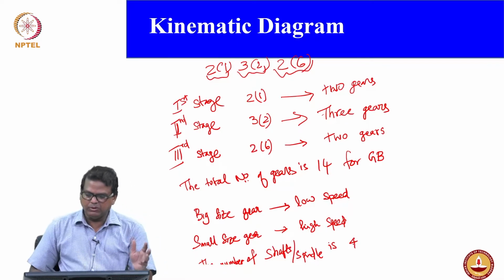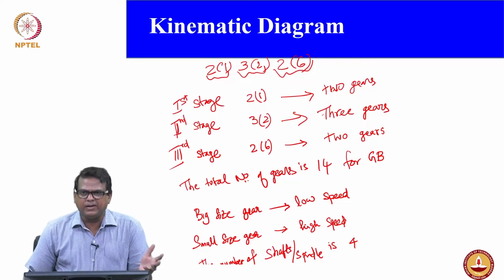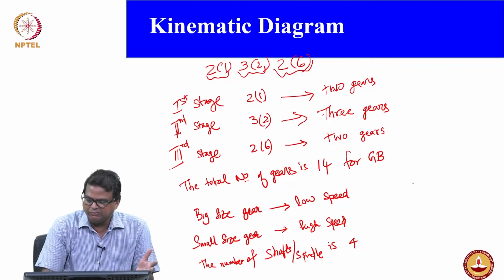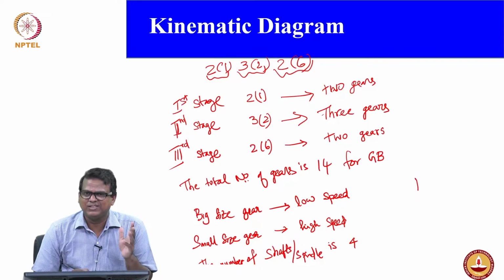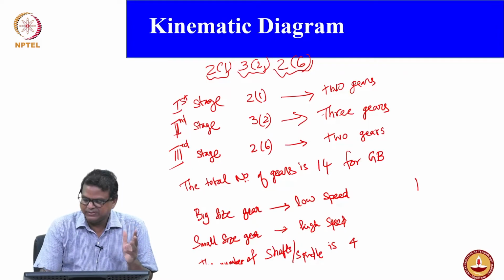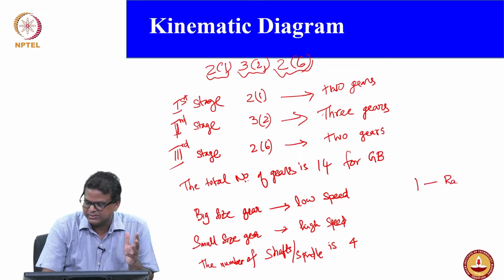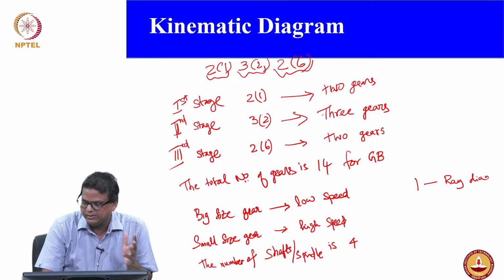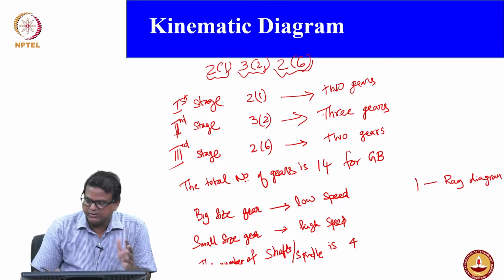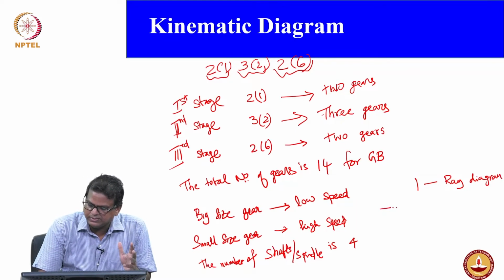And in the ray diagram we use vertical lines to indicate the shafts. In the kinematic diagram we are not going to use vertical lines, but we would use discontinued lines in the horizontal direction to indicate a shaft.